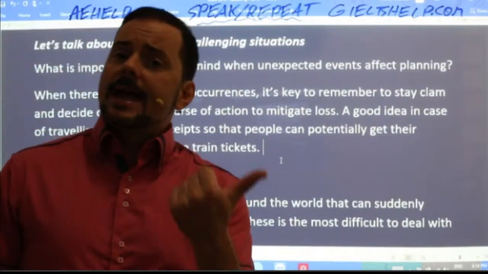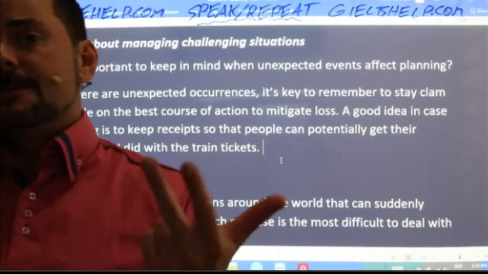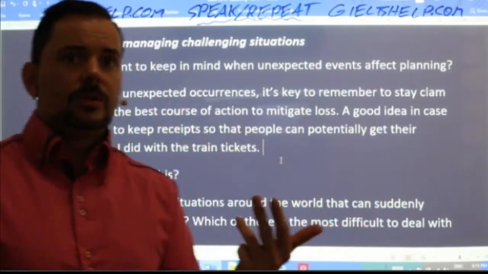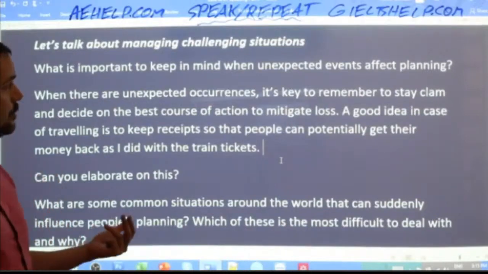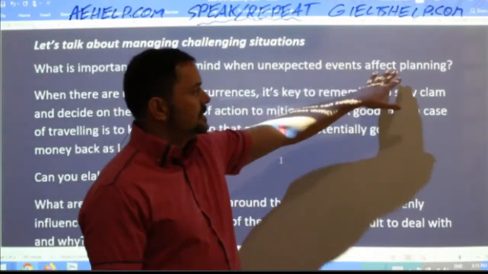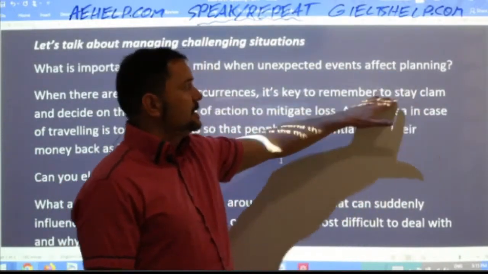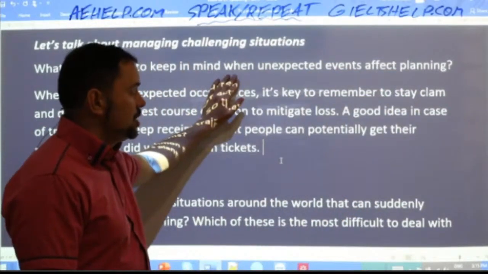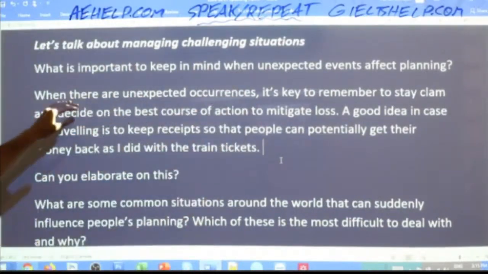Okay, so answer, explain, example, connection. Okay, and reflect the grammar of the question. When unexpected events affect planning, this is a real condition. So I'm using the real condition.